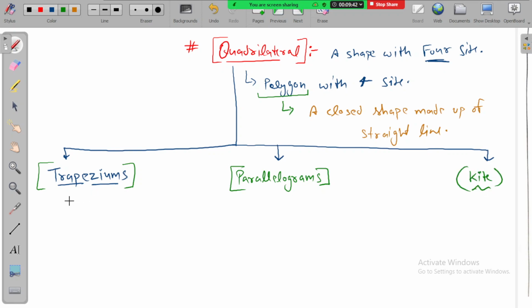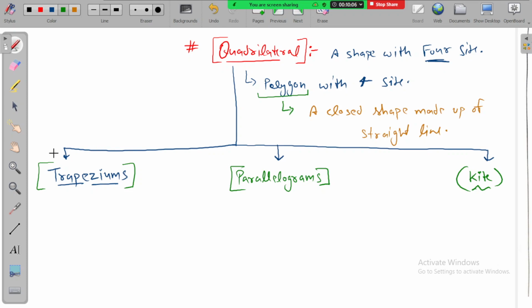Do you know what special properties they have? What's special about a trapezium? What's special about a parallelogram? And what's special about a kite? What is special? Parallel lines.